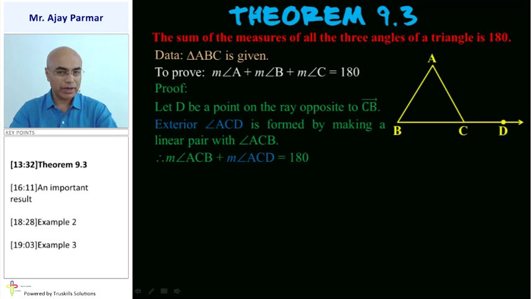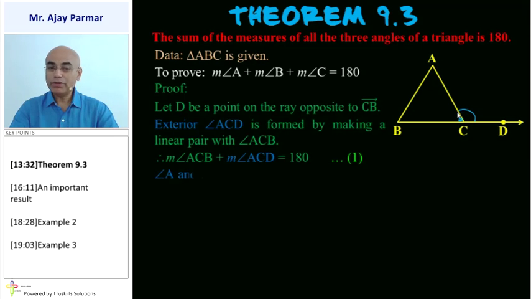Why? They are a linear pair, isn't it? Let us remember this as statement number 1. So we have proved up to now that measure angle ACD plus measure angle ACB is 180.